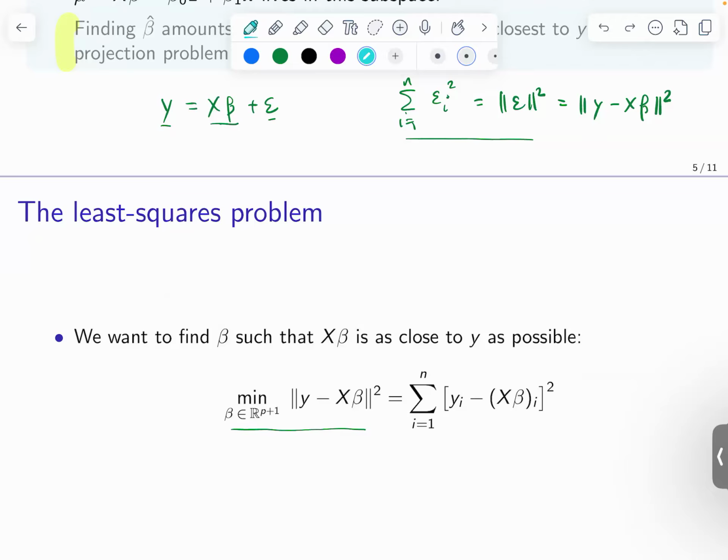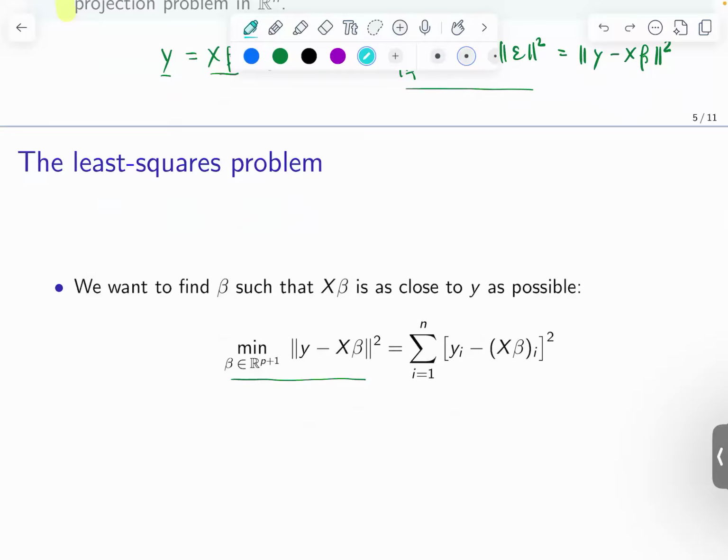So we want to find beta such that this happens. I'm going to rewrite it, because I know that x beta is basically carving out the image. There's a one-to-one correspondence between the set of all things that can be written as x beta for some beta in R^(p+1) and the elements of the image.